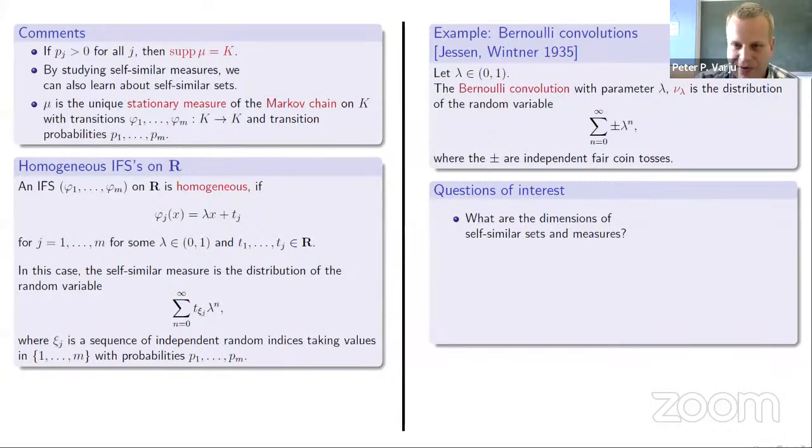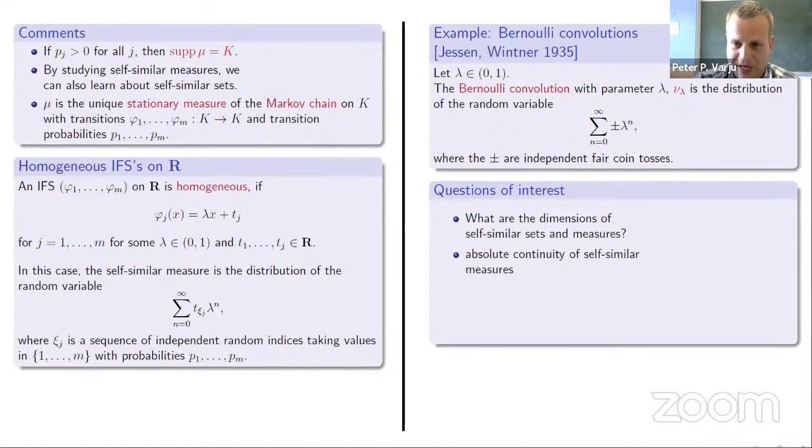Well, if you see a fractal, probably the first question that you want to answer is what the dimension is. So that's a big question. What is the dimension of a self-similar set or a self-similar measure? In a minute, I will make it more precise what I mean by dimension.